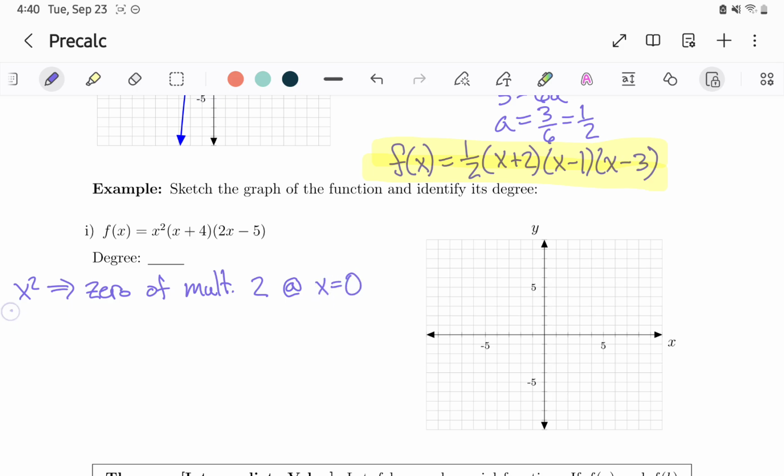And then since we have the factor x plus 4, this means we have a 0 of multiplicity 1 at x equals -4, and then 2x minus 5 equals 0.